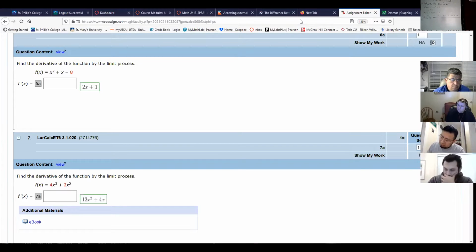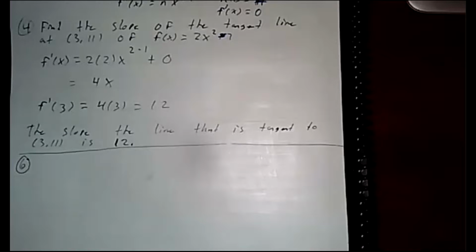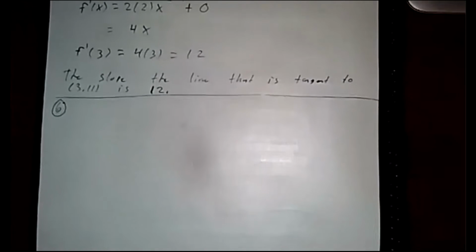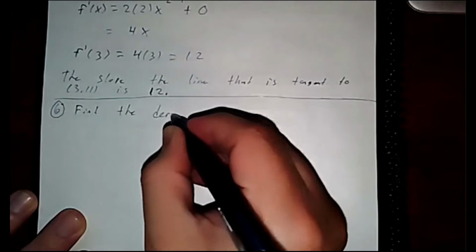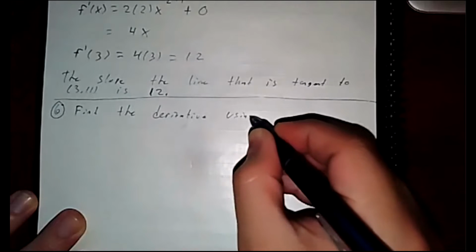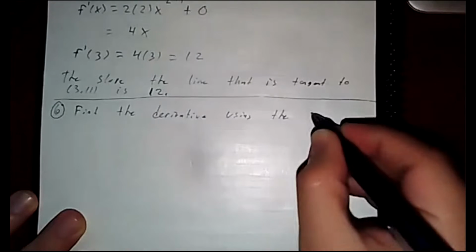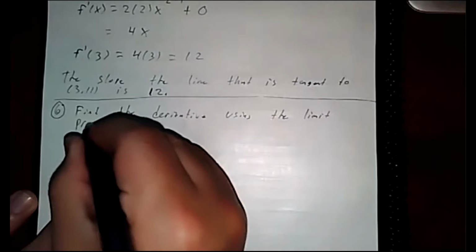The answer is 2x plus 1, but who cares about that? What matters is how do we get there, and why is that? To find the derivative using the limit process.